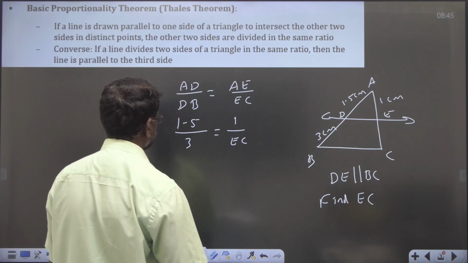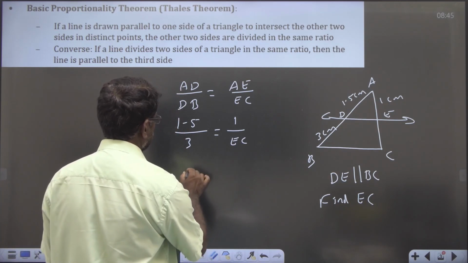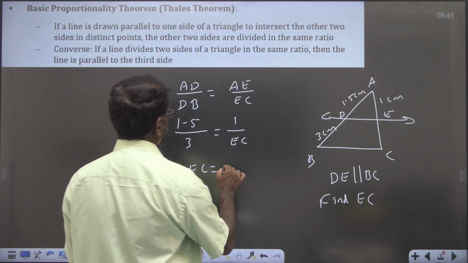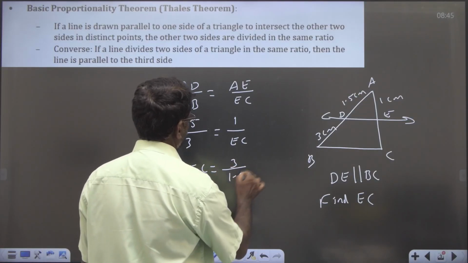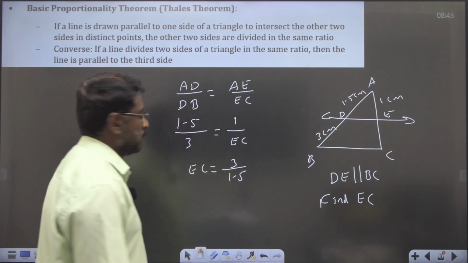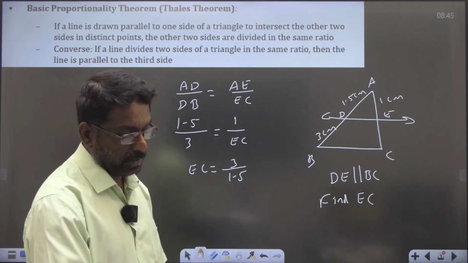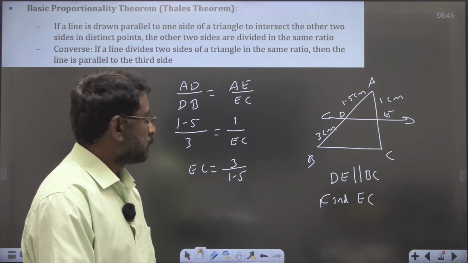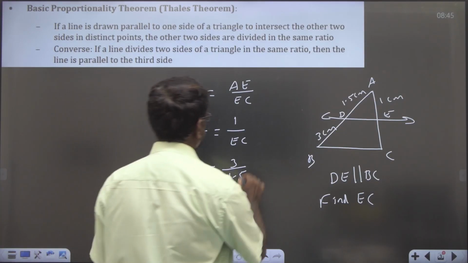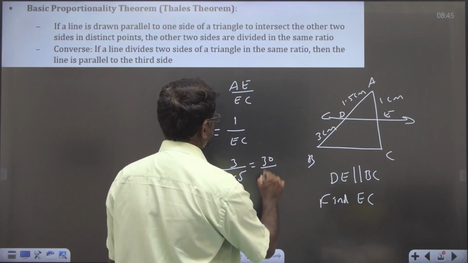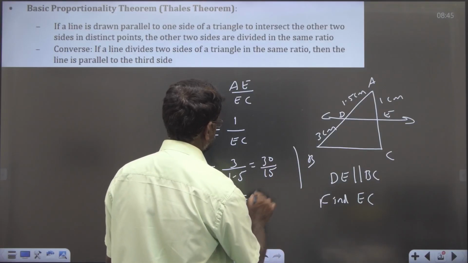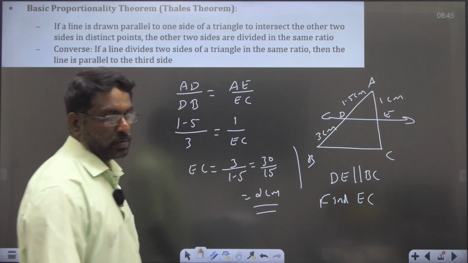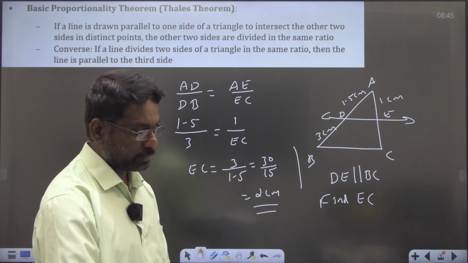Cross multiplying, EC is equal to 3 divided by 1.5, that is 30 divided by 15, which is 2 centimeter. EC is equal to 2 centimeter. That is the answer.